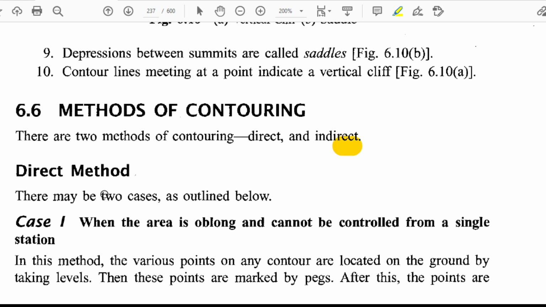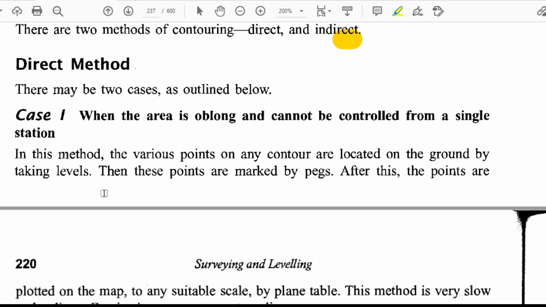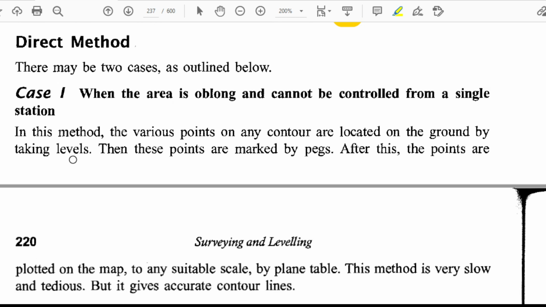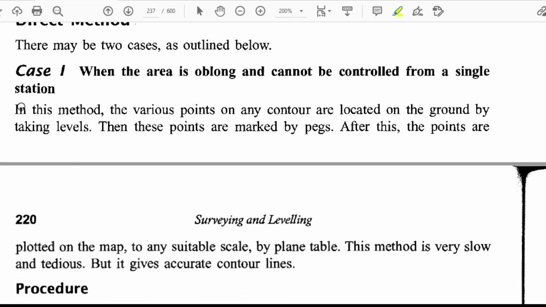In direct method, there may be two cases. Case 1 is when the area is oblong and cannot be controlled from a single station. In this method, the various points on any contour are located on the ground by taking levels.